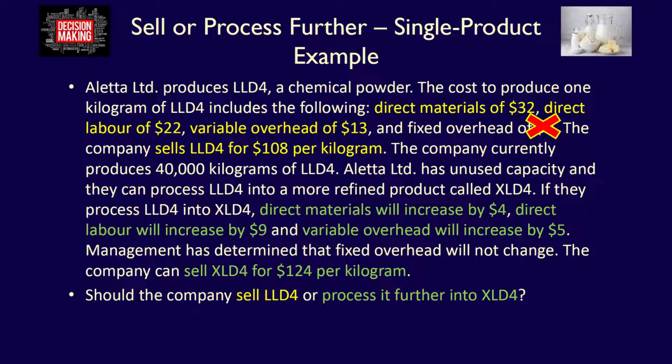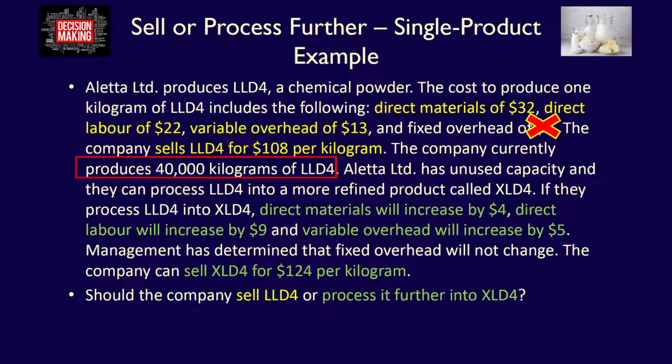Did we miss anything? We did not analyze the 40,000 kilograms. We can see that it's identical for both alternatives because we can process 40,000 kilograms of LLD4 into 40,000 kilograms of XLD4. Because the volume produced is identical, we can perform our incremental analysis on a per kilogram basis.